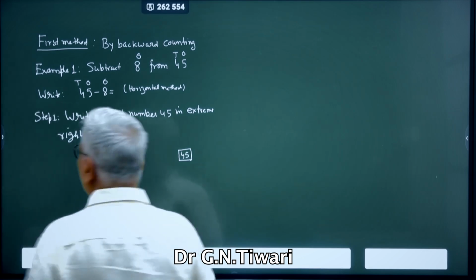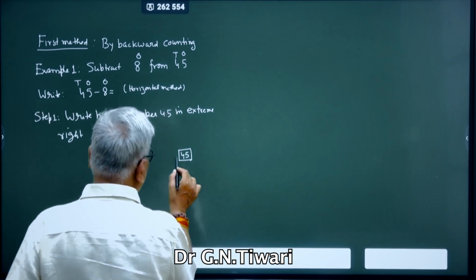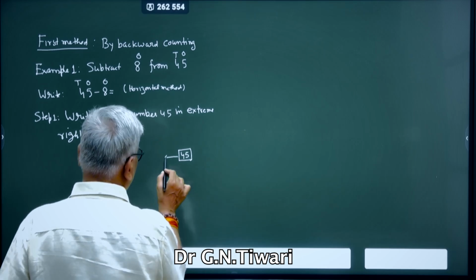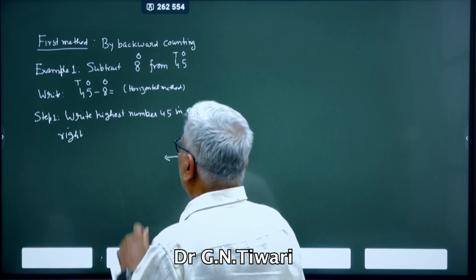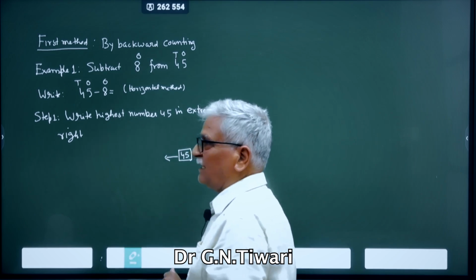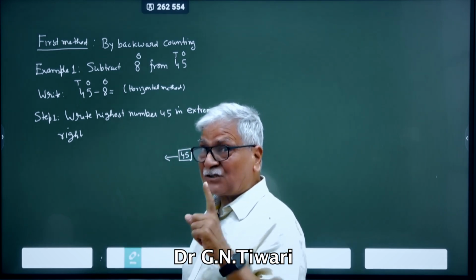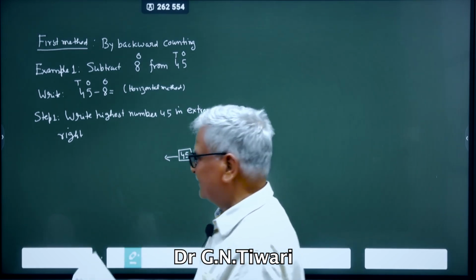Now backward counting means you have to go from right to left. Now see, you have to subtract 8. So you have to make 8 squares to the left side.